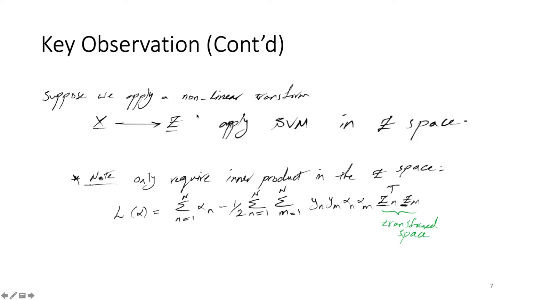So if you find a dual problem, the Lagrangian form of alpha, right? In order to compute SVMs in a transformed z space, we need to compute this only, z_n transpose z_m.